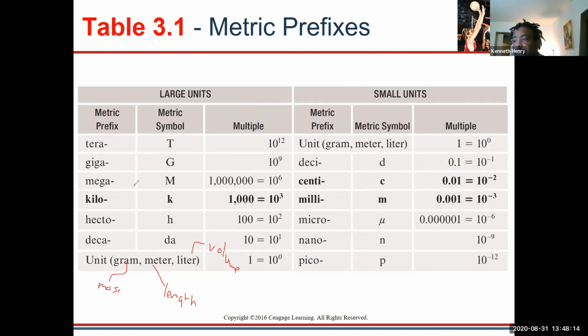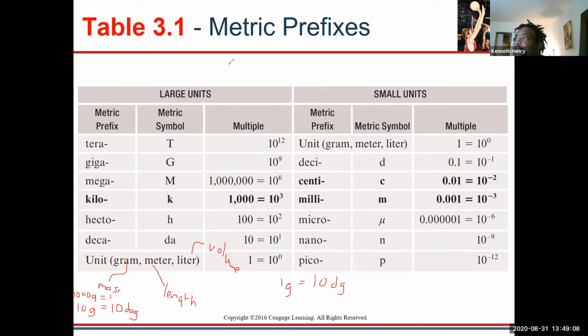So if we have 1 gram, and I'm going to use a G for my abbreviation, that is going to be equal to 10 decigrams. 10 grams is going to equal 1 decagram, or dag.